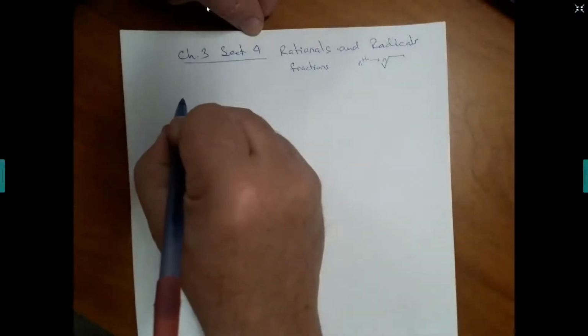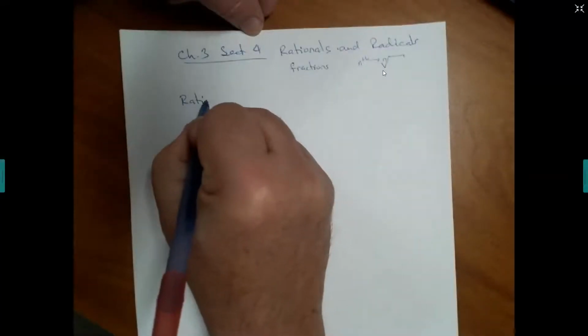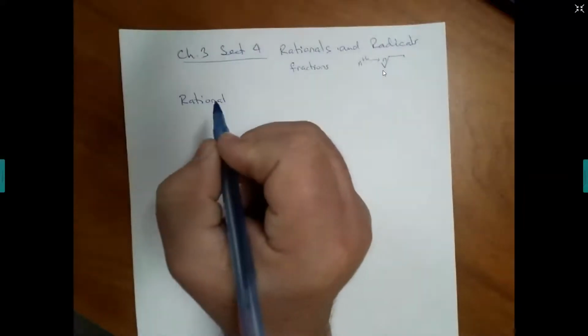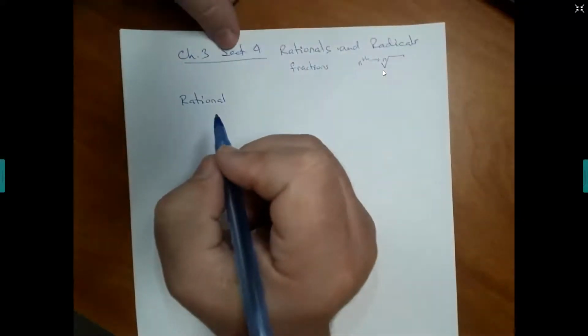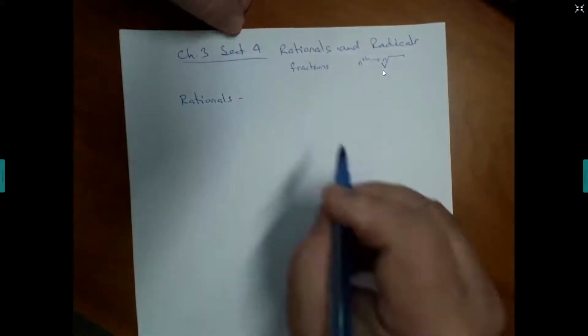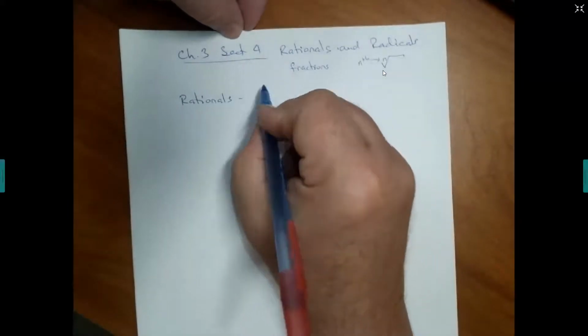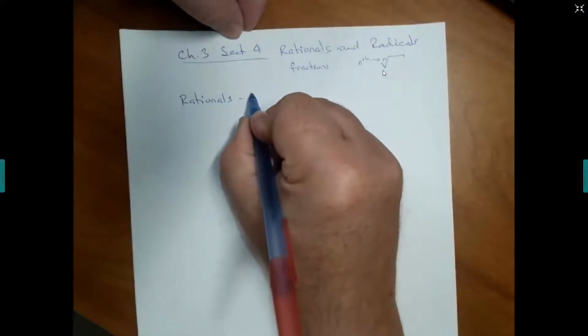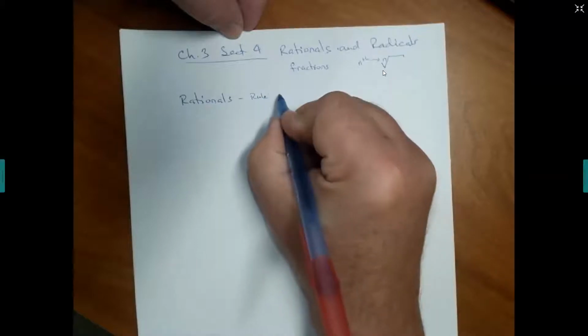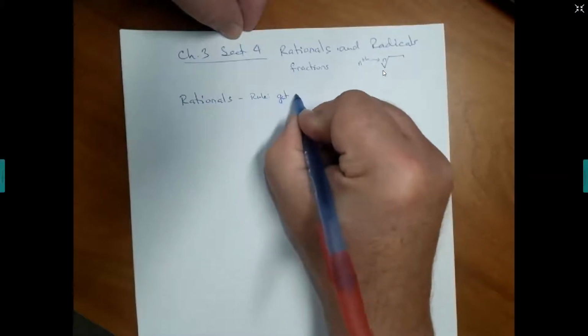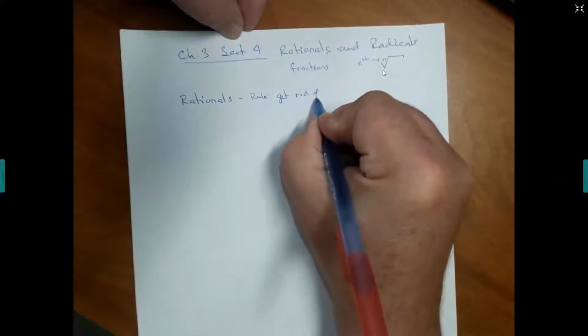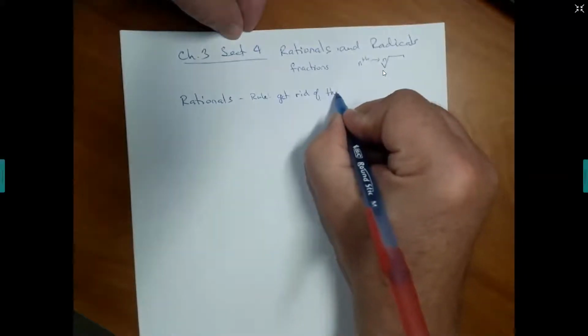So with rationals, let's look at the rationals first. The basic rule here is get rid of the fractions.